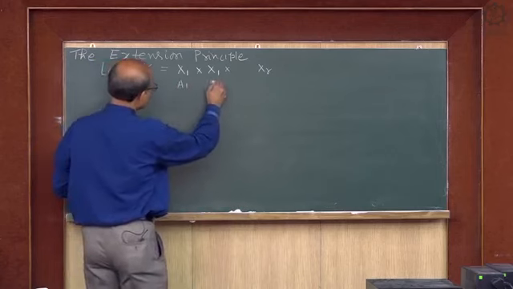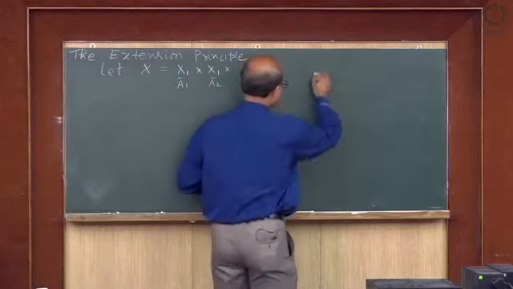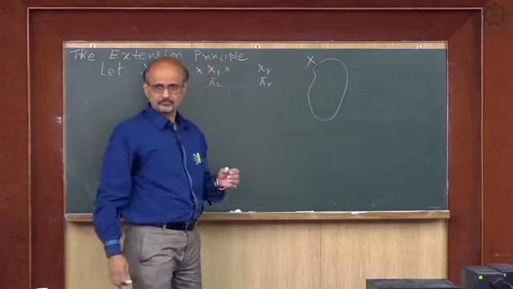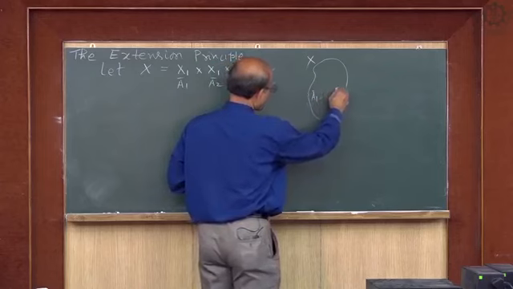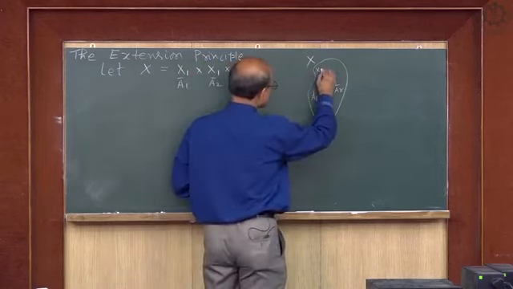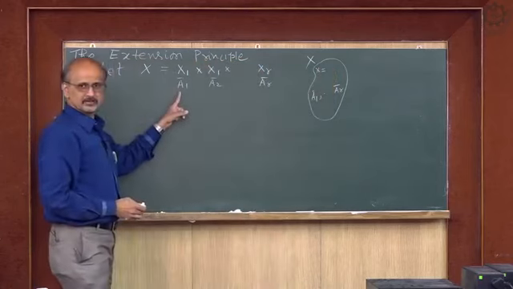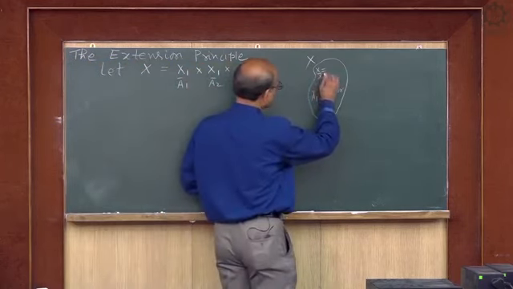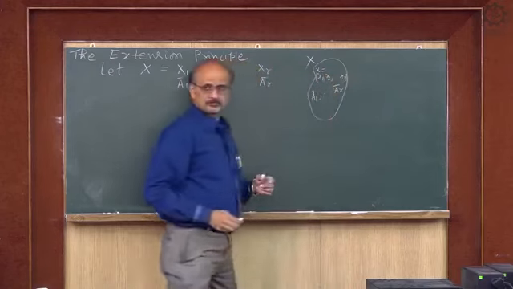So suppose that this is your X, and here you have the fuzzy sets as a1 bar, up to ar bar, okay. So any element x here will be actually, suppose x1 contained in a1 bar, x2 in a2 bar, like that. So x I can write as x1, x2, up to xr, okay.